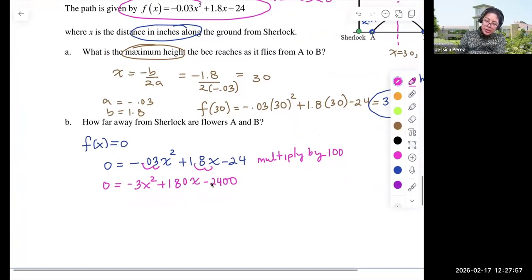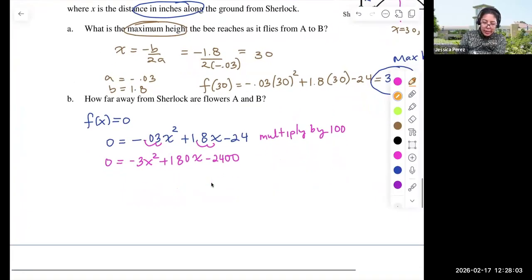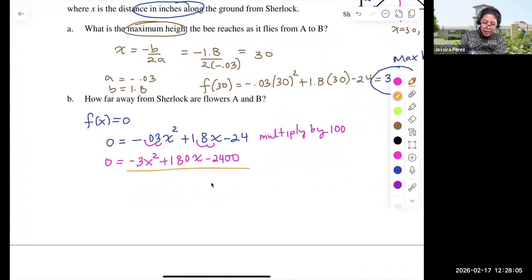Now I'm ready to complete the square here because I still want to find the x-intercepts, or I can divide everything by negative 3. So I get 0 equals x squared minus 60x plus 800.